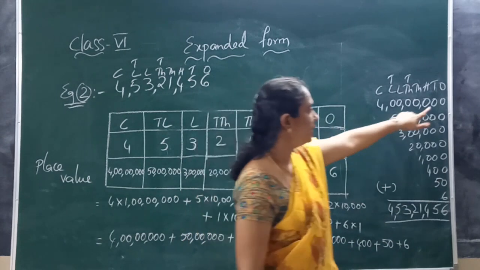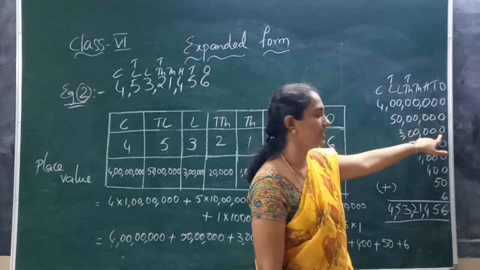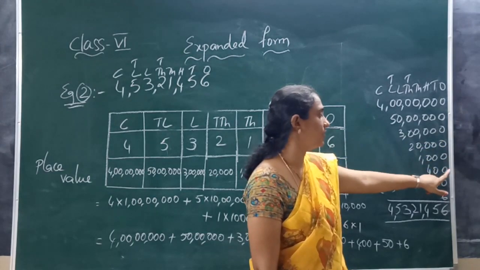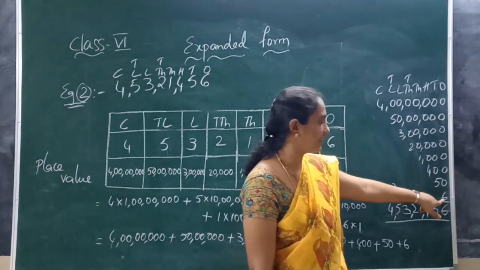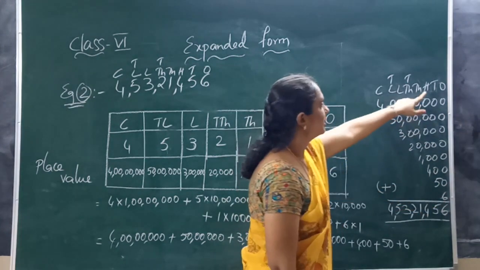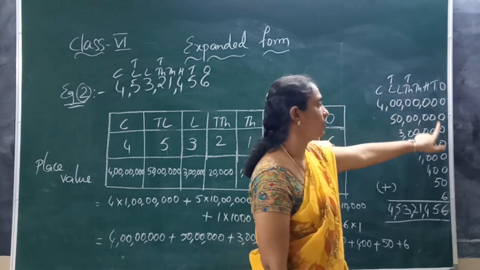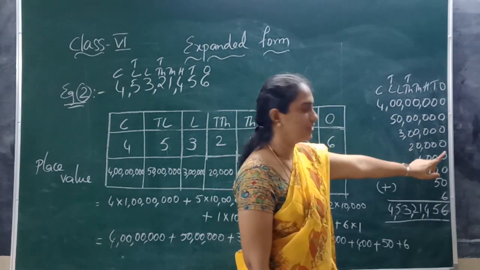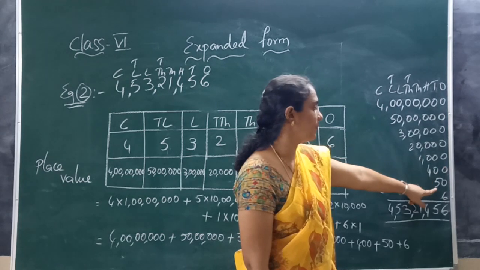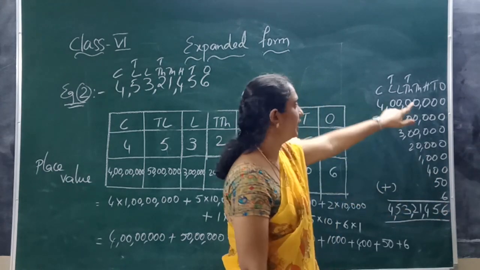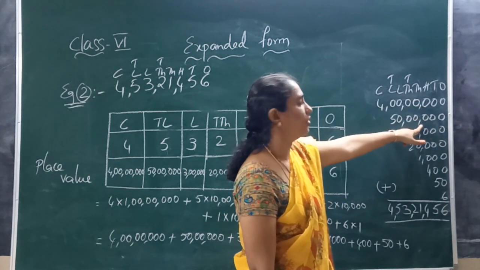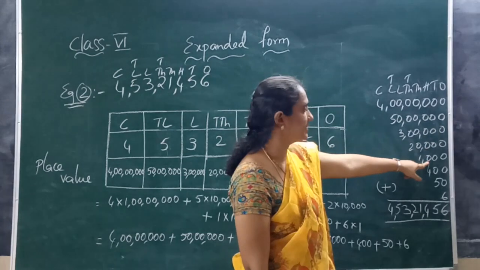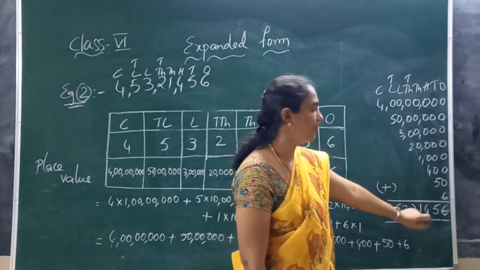By adding all these numbers we get it. See, 0 plus 0, 0, and so on, down to 0 plus 6, 6 in the ones place. Next, go to the tens place. 0 plus 0, 0, and so on, 0 plus 5, 5. Okay, go to the hundreds place. 0 plus 0, 0, and so on, 0 plus 4, 4.